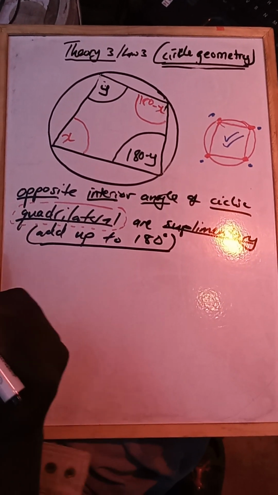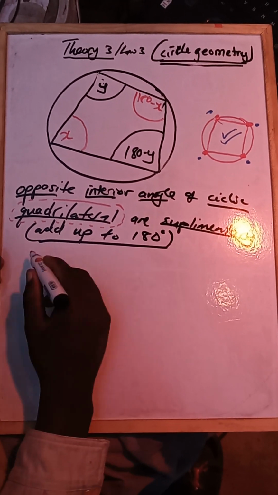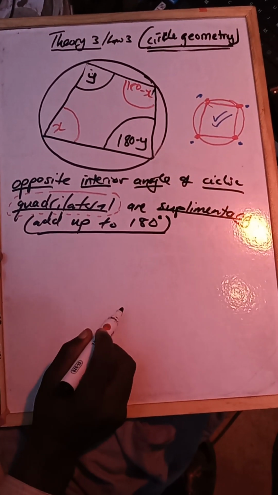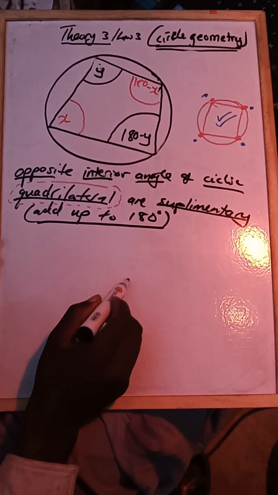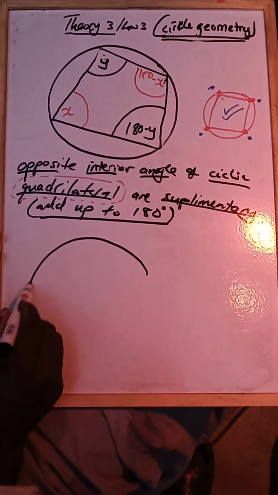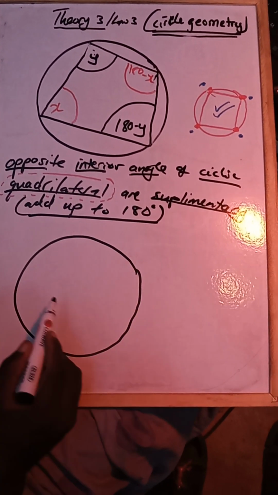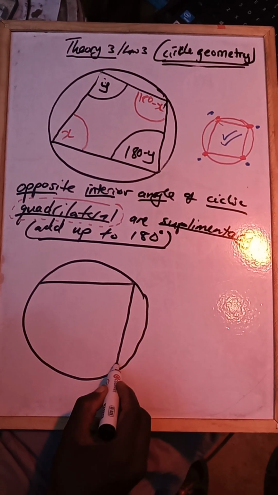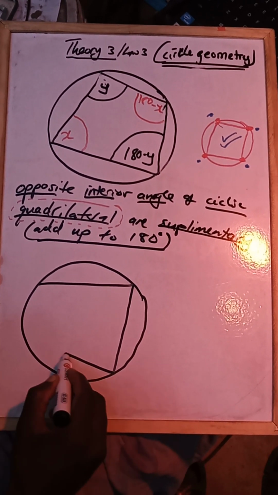Let us go for another example. Let us draw another example and try to find its values. I draw a circle here, and this is a cyclic quadrilateral.